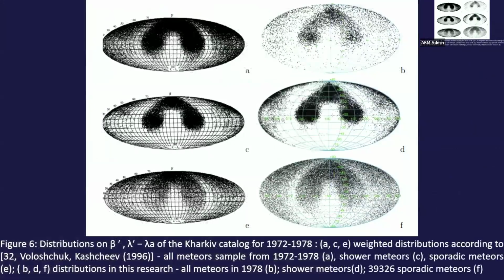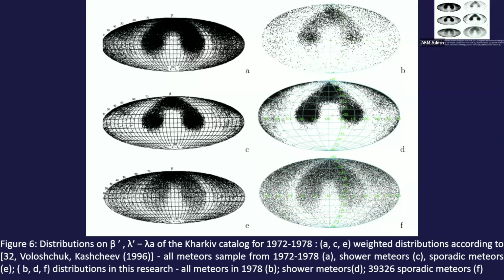On this figure, distributions for beta stroke, lambda stroke minus lambda apex are shown. From A to E are weighted distributions, and from B to F is our distribution in this research.